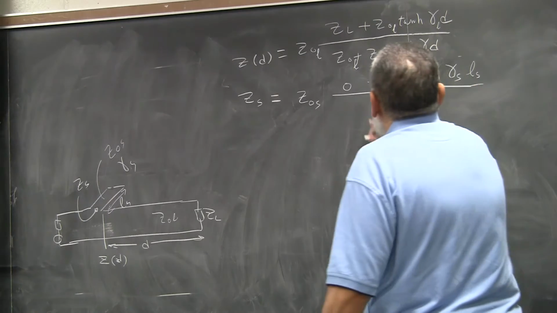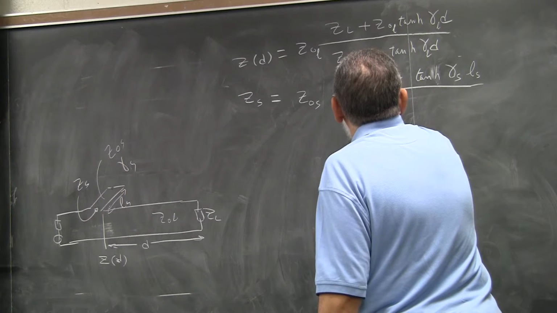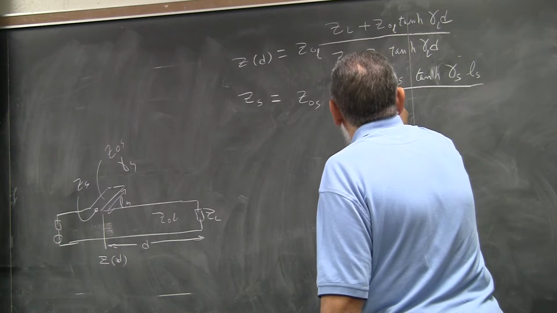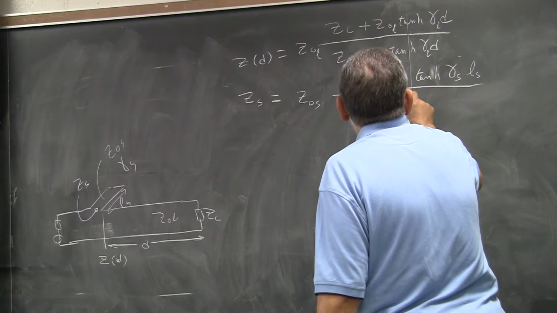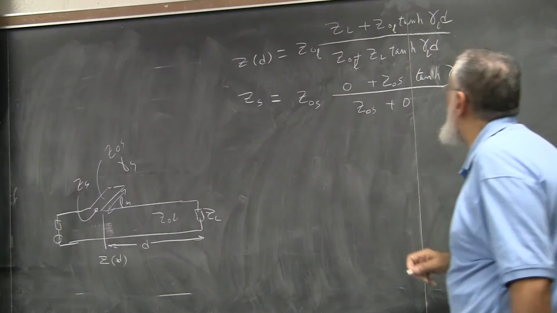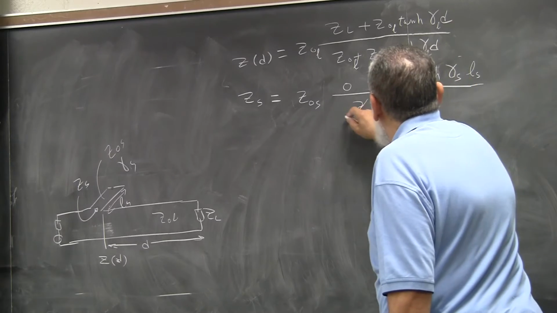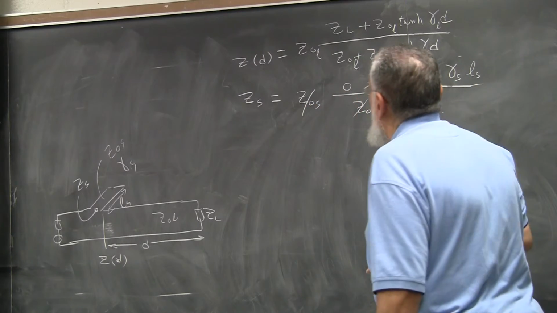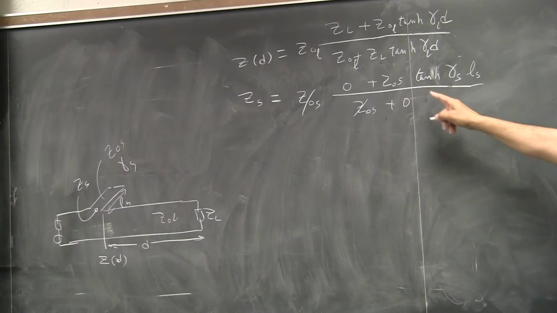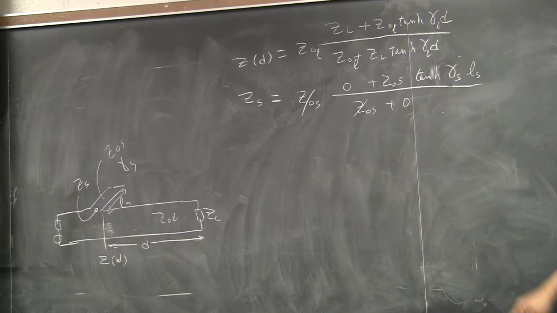Divided by Z naught of the stub plus 0, because ZL of the stub is 0. Obviously, this cancels that, and that's the expression that we have. As you can see, it is the tangent function that gives you a reactance only, right?